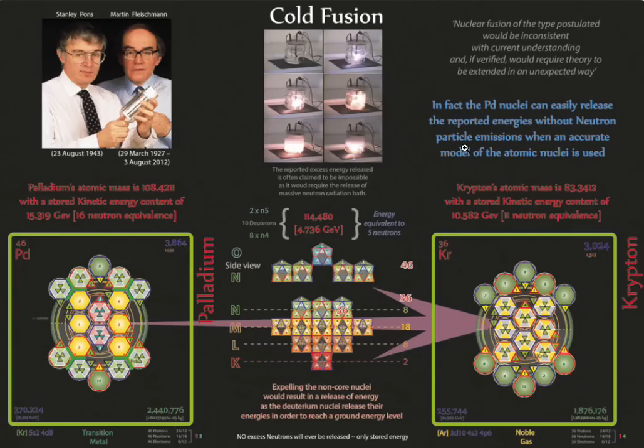Professors Pons and Fleischmann announced a breakthrough back in the 1990s of cold fusion, where palladium was able to release a huge amount of energy on the desktop, far beyond what should be possible using current understanding of chemical processes.